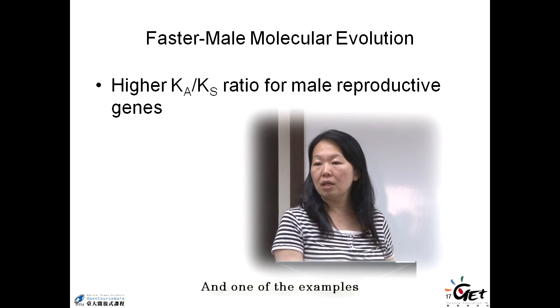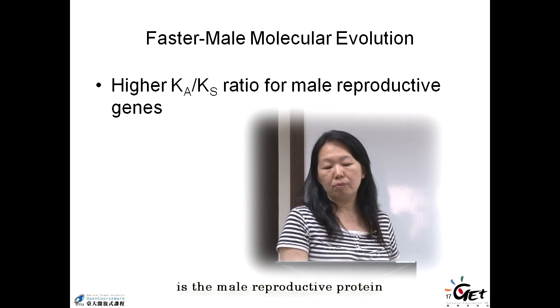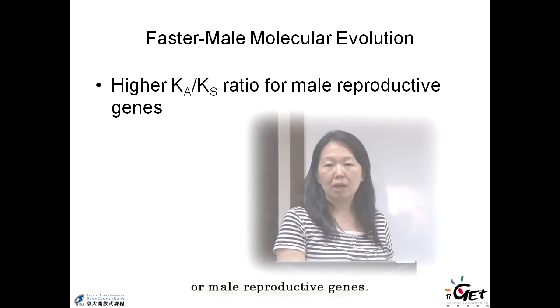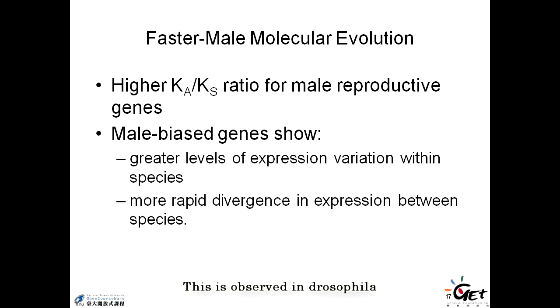One example is the male reproductive proteins or male reproductive genes. This is observed in Drosophila as well as in humans. So that's an observation we found in different lineages.